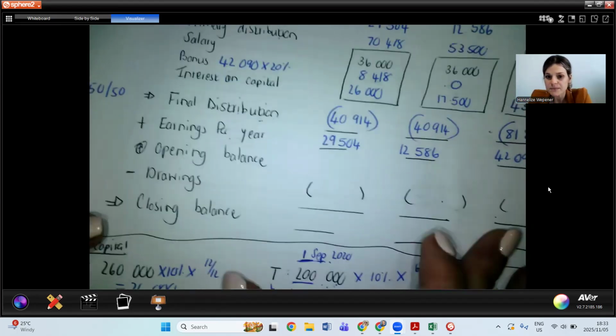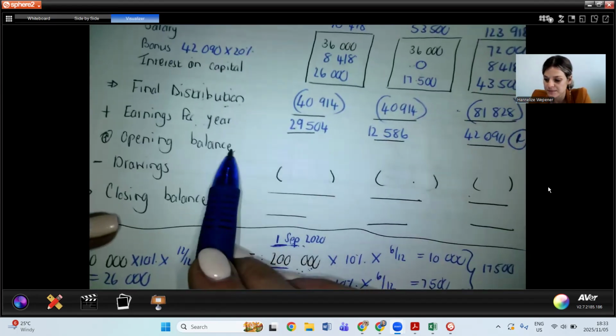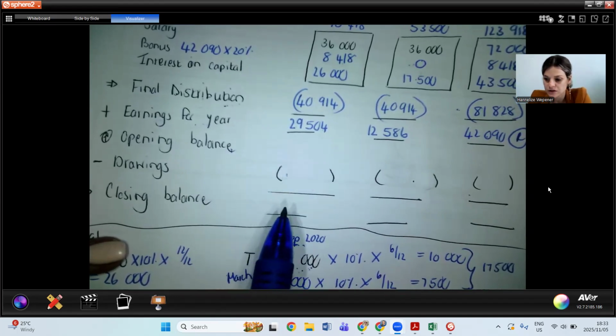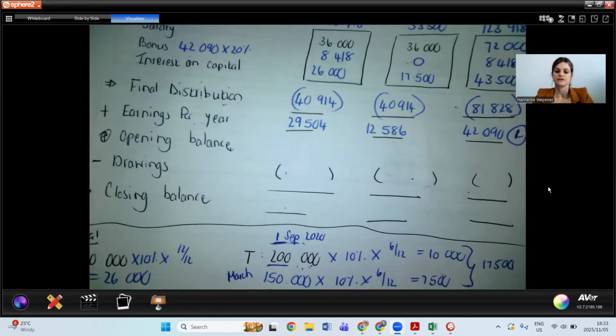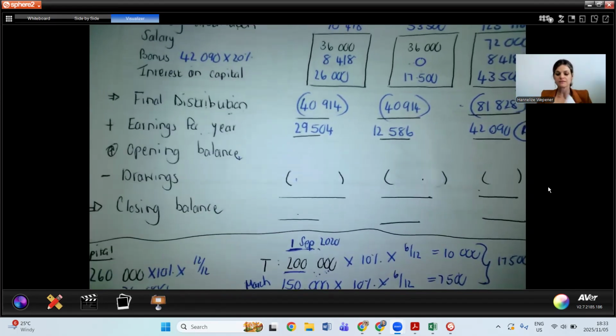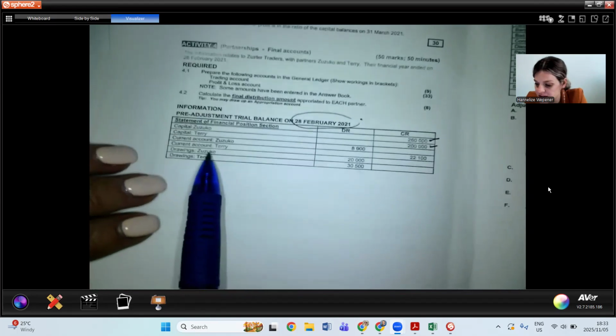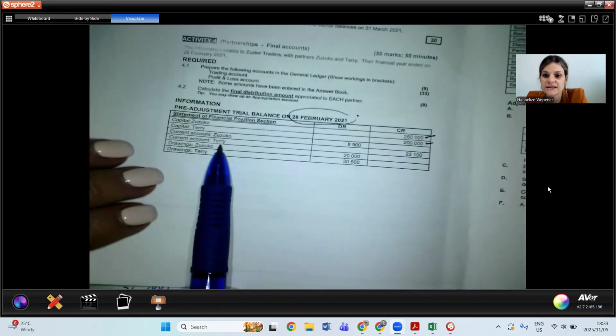Then remember we said that we must take the opening balance minus the drawings is equal to the closing balance. Right, so they didn't say anything about my opening and closing balances here. So they didn't say that these were the closing balances.